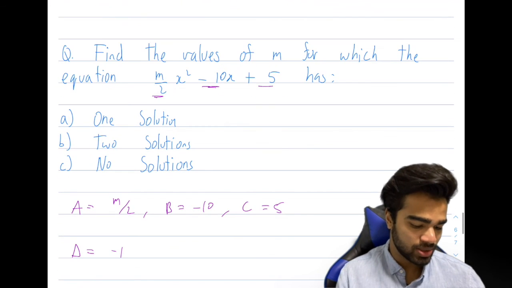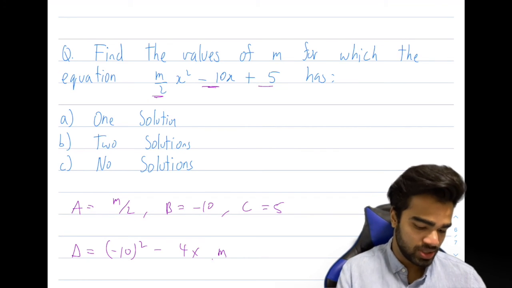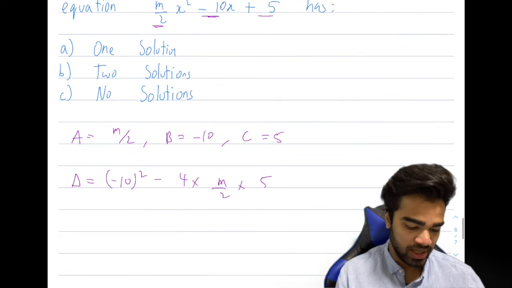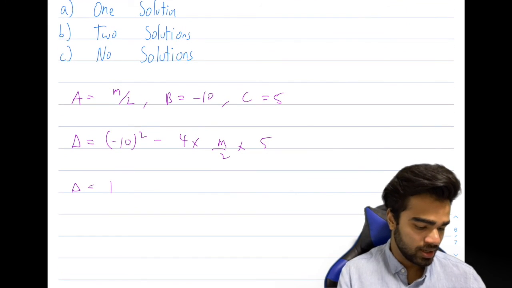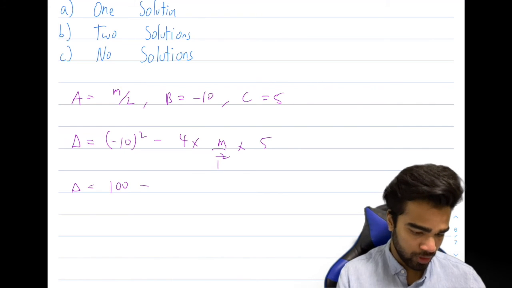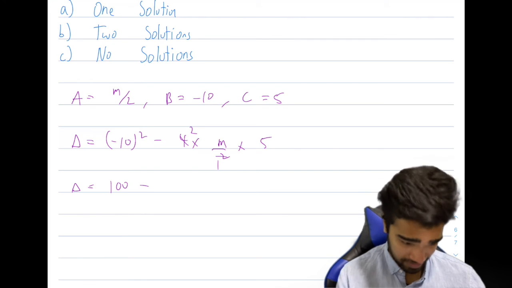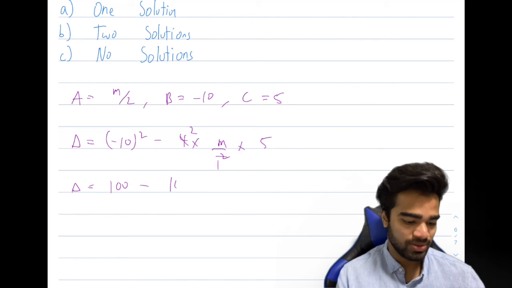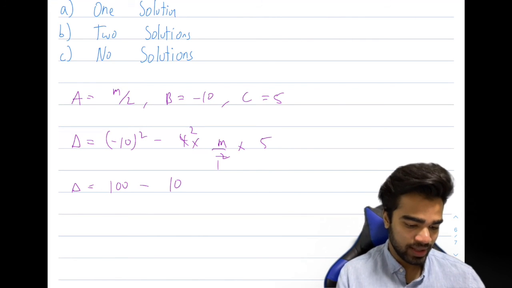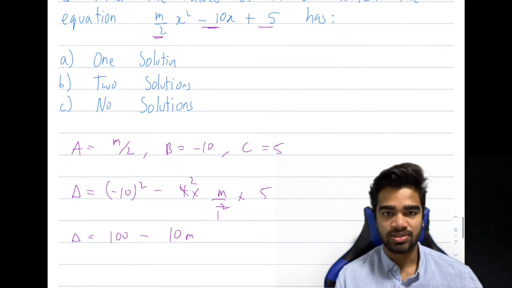It's going to be b squared, so -10 squared, minus 4 times a is m over 2 times c is 5. Okay, it's going to be 100 minus 4. 2 goes into 2 once, 2 goes into 4 twice, and 2 times 5 is 10, and 10 times m is 10m. Like that, so that's our discriminant.